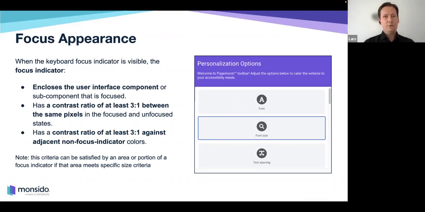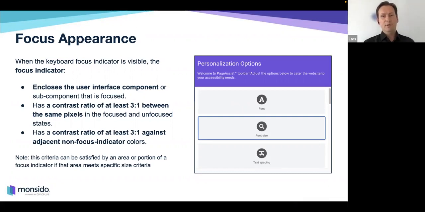Also, and I think this is where, if you're a designer, you would need to pay a little attention, early on it was actually okay if you did not, from the design or development perspective, adjust the visual appearance of the focus indicator. You could have cases where it was actually not visible, but it would still pass the success criterion before.